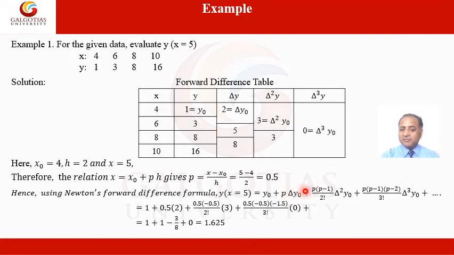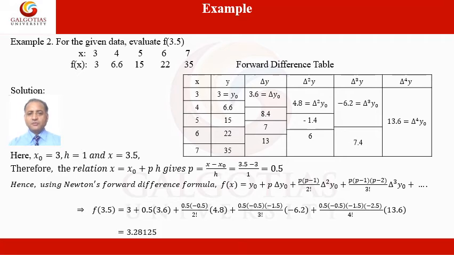So just substitute the values of differences and y naught. We will get the answer, which is equal to 1.625. Means when x is equal to 5, the value of y is equal to 1.625.